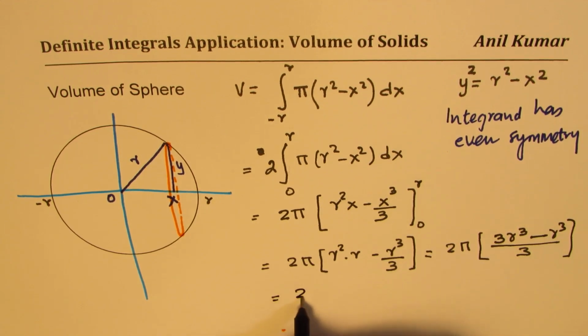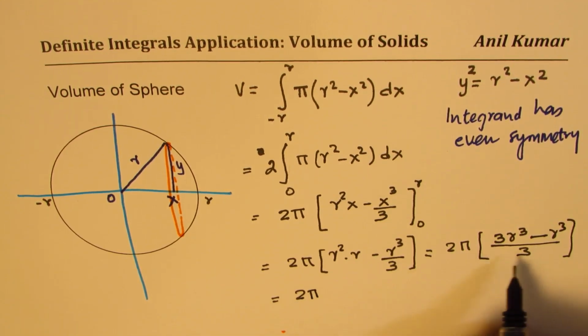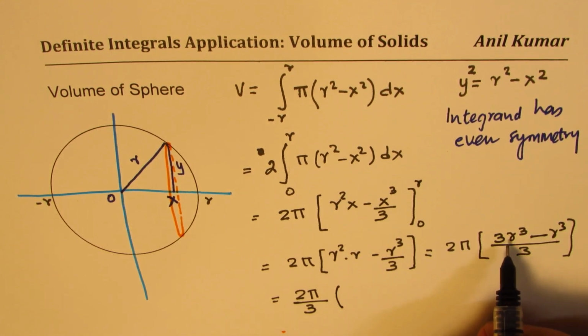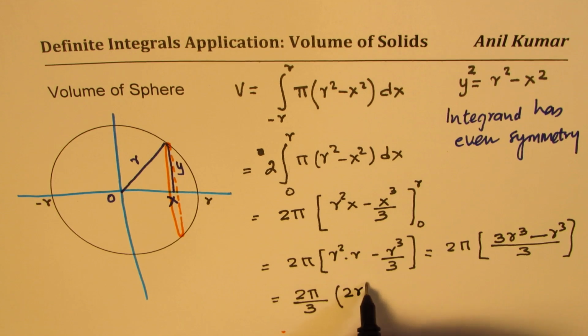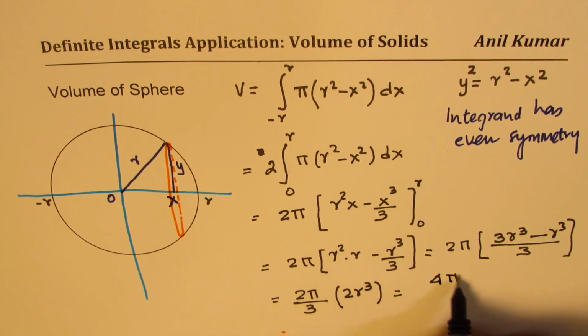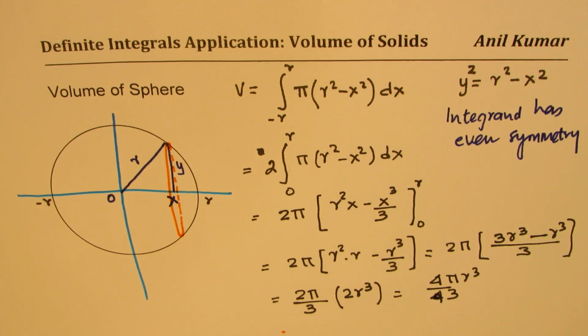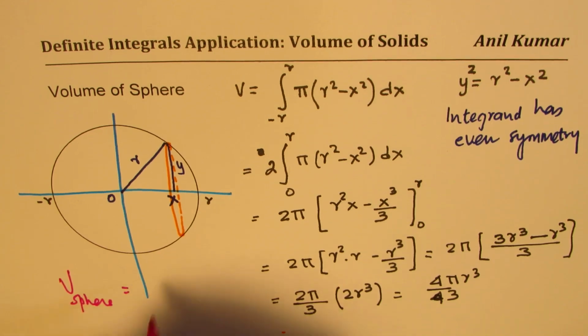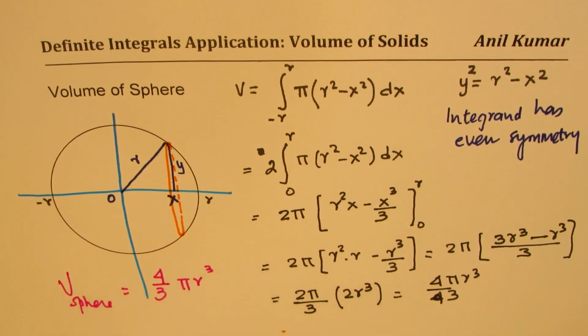So we get 2 pi by 3, and in the bracket we have 2 r cube, which when multiplied gives 4 pi r cube over 3. So we have our formula, 4 by 3 pi r cube. We have derived the formula that the volume of the sphere equals 4 by 3 pi r cube.